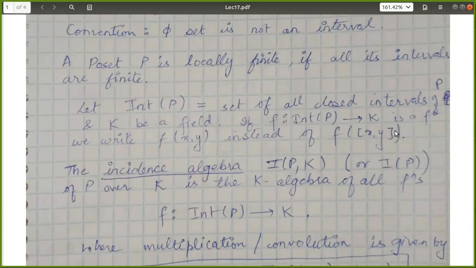But to simplify the notation, we would simply write this as f of round bracket (x,y). But don't confuse this with an open interval (x,y). We are going to deal with only the closed intervals, and this is just a shorter form to avoid writing more.